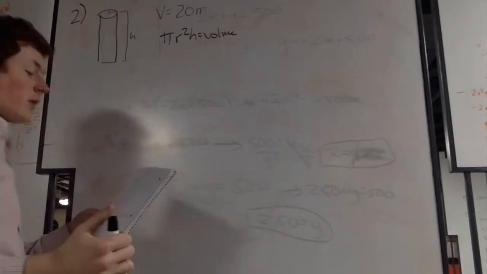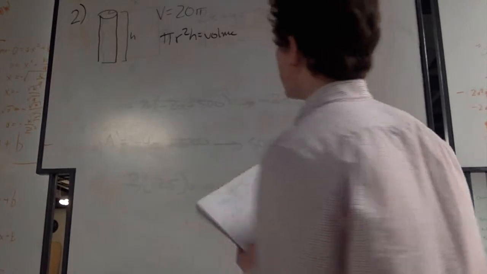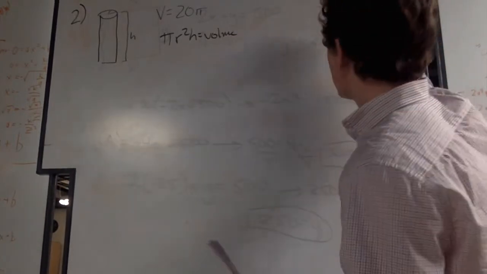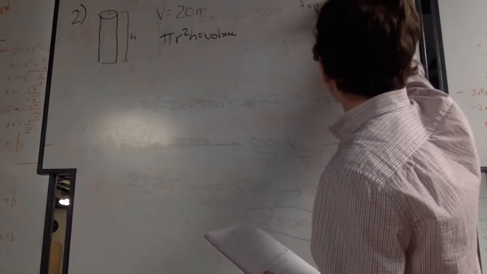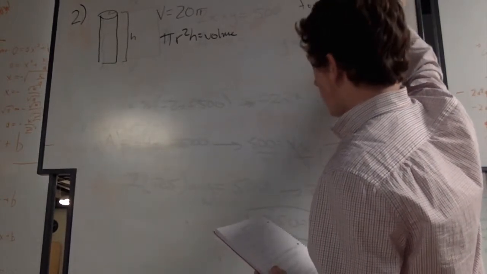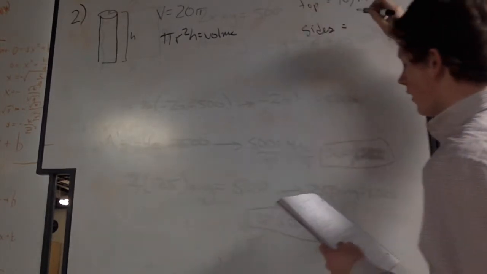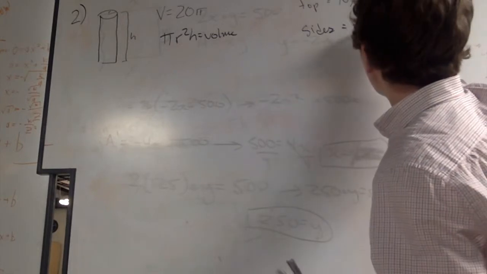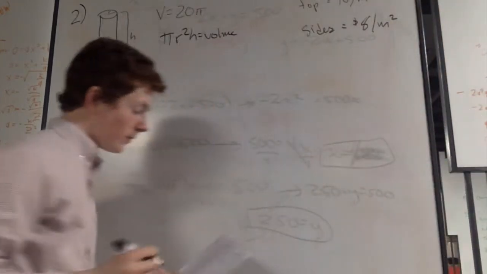And then they also gave us information that said that the material on the top costs $10 per meter squared, and then the sides is 8 dollars per meter squared. That's very important to finding the answer to this problem.